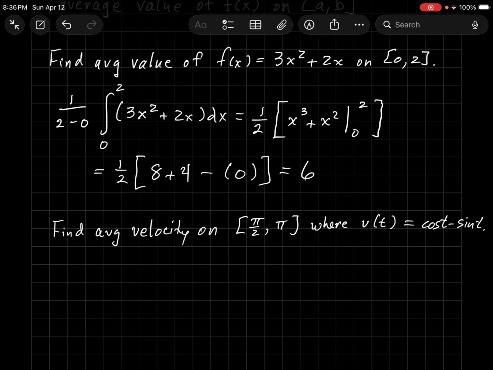Well, the average of anything is 1 over b minus a, end point on the limit minus start point on the limit, times the integral from a to b, pi over 2 to pi, of that anything. So the average value of anything is 1 over b minus a times the integral from a to b of that anything, which in this case is cosine of t minus sine t.